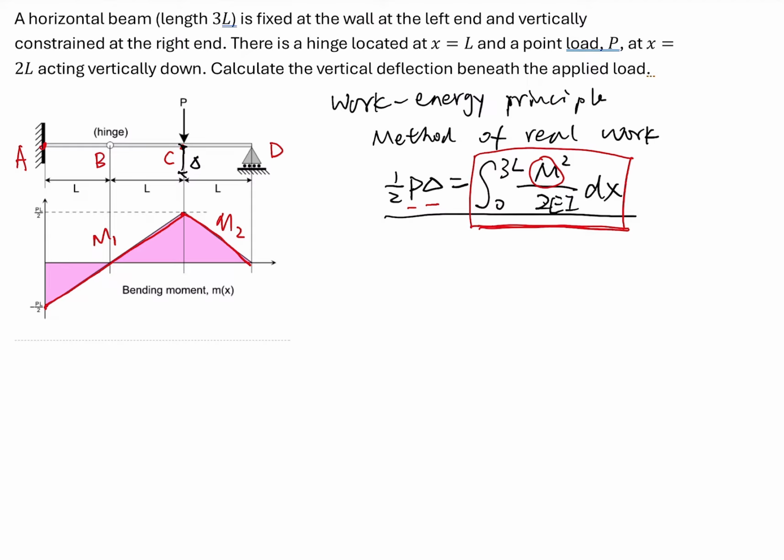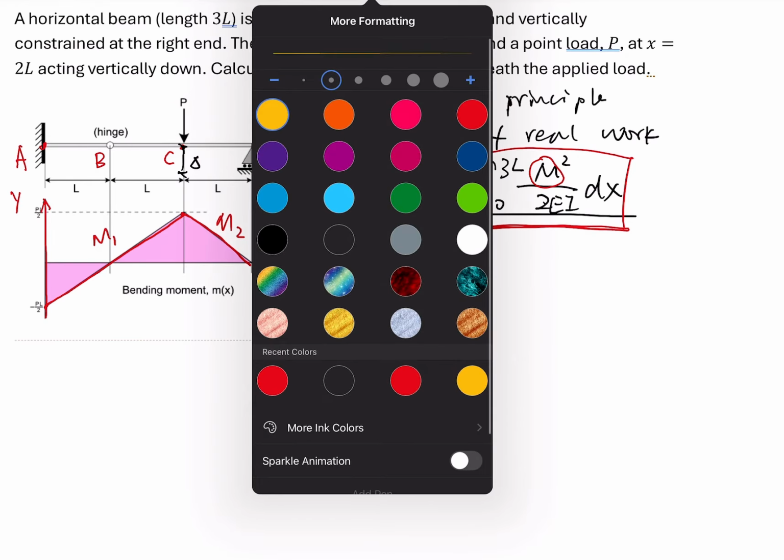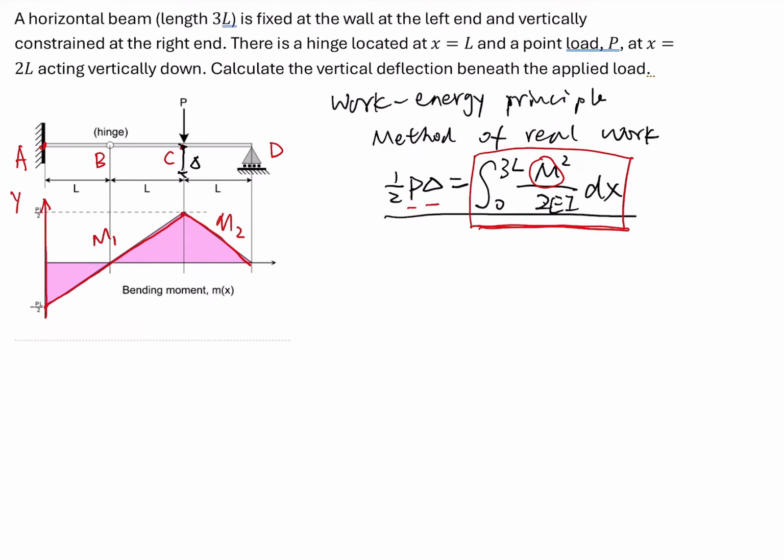To find the functions of M1 and M2, we need to build a coordinate system. We already have a coordinate system over here, with y and x, but it is not helpful for finding the functions. So I would like to build new coordinate systems to find simplified expressions for M1 and M2.